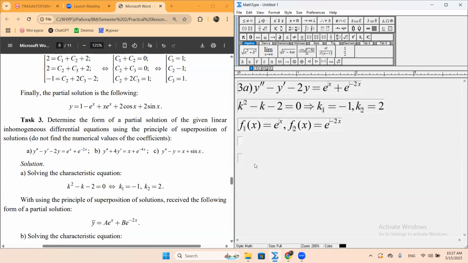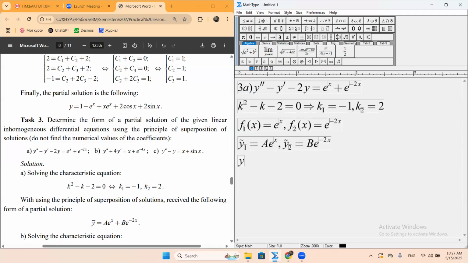So we will just write y1 with a wave equals a e to the power of x, and y2 partial will be equal to b e to the power of minus 2x.